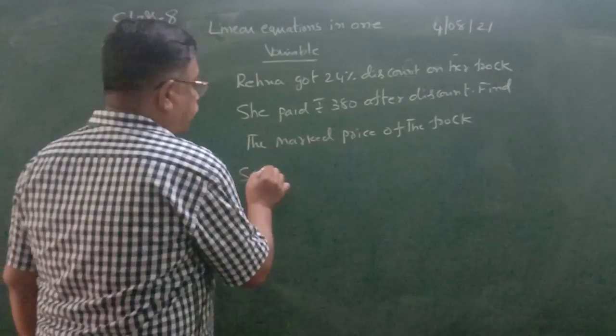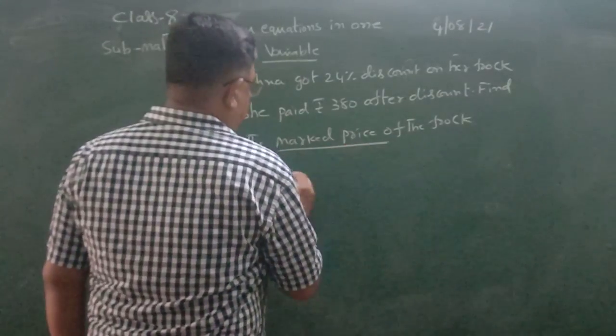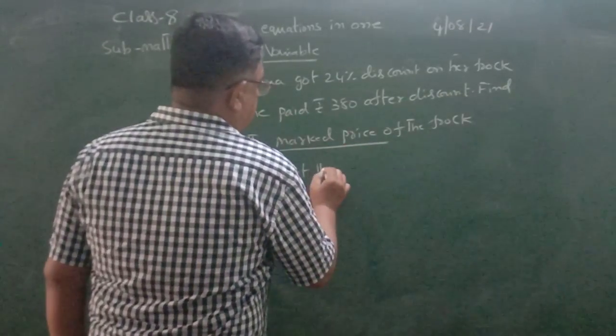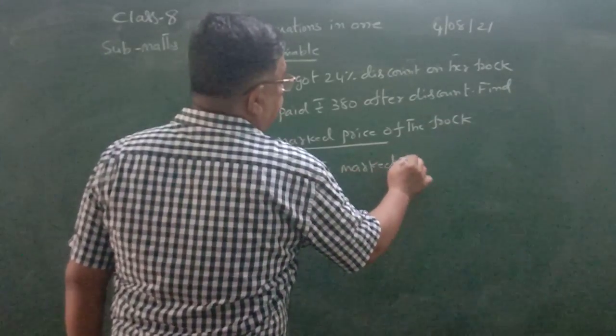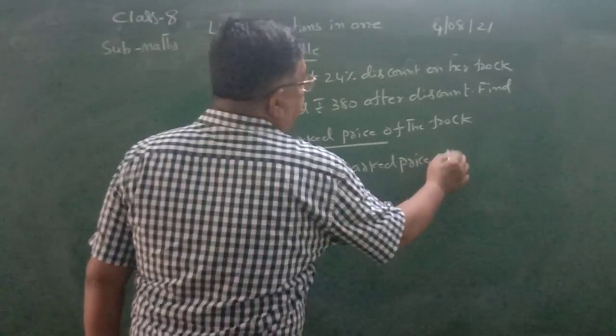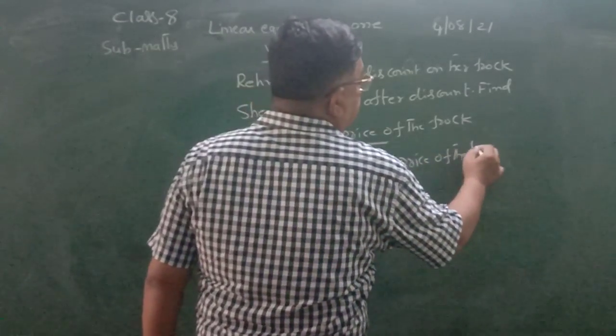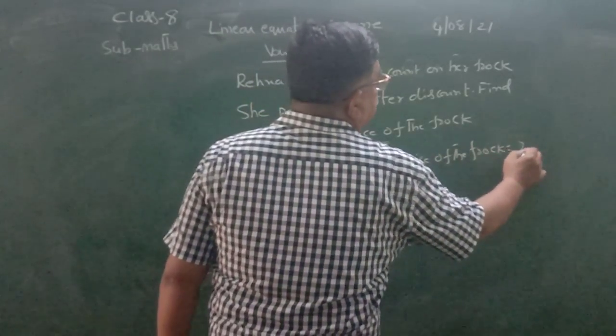So, the solution: what do we want to find? Marked price. We start with that. Let the marked price of the frock be rupees x.